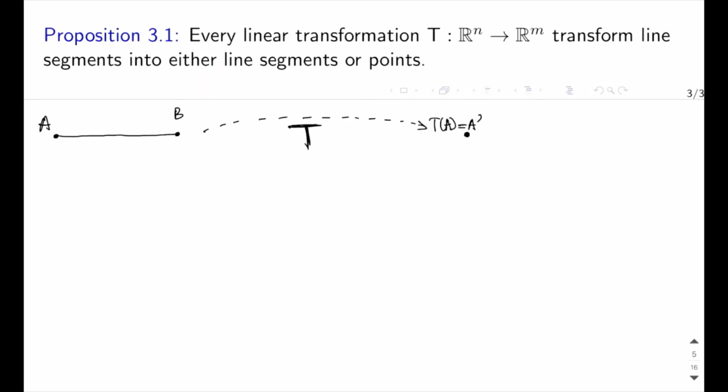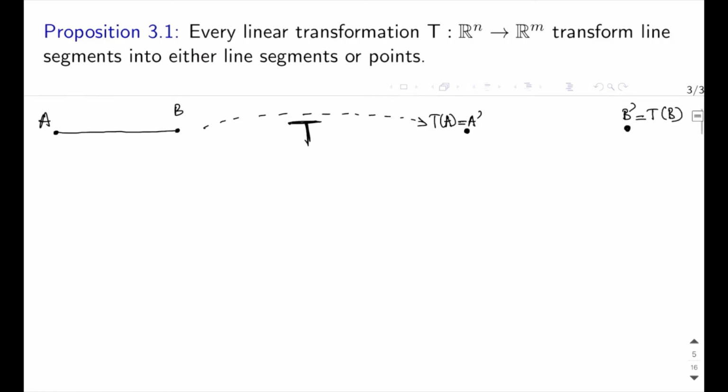And it will take B into something that we will denote as B prime, which is T of B. And so between A prime and B prime in the new space, they will automatically form a line between A prime and B prime. Now the question is, if you have a point C in between A and B in the previous space, will it get mapped into in between A prime and B prime in the target space?